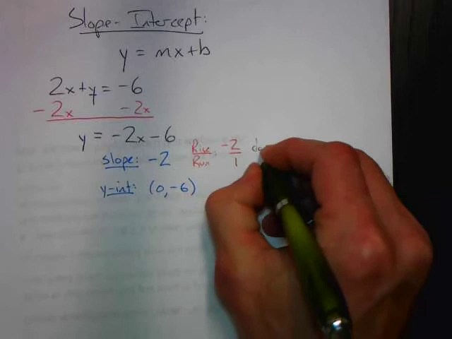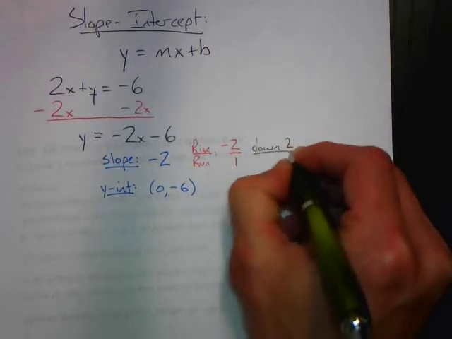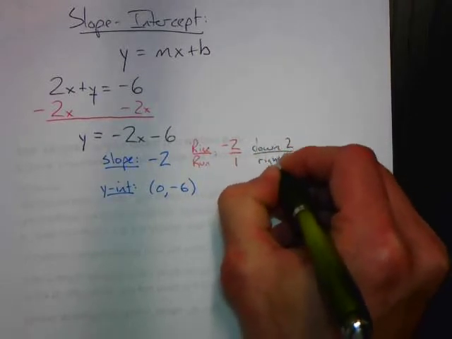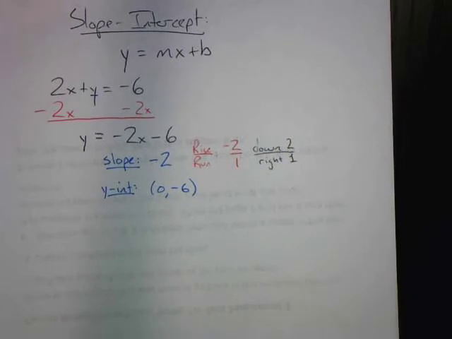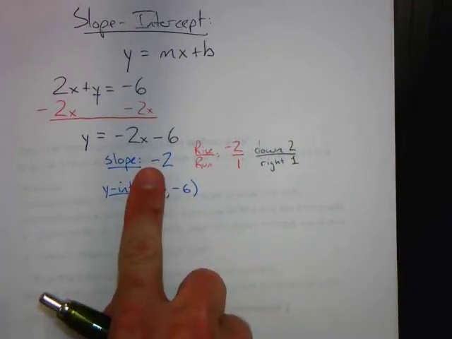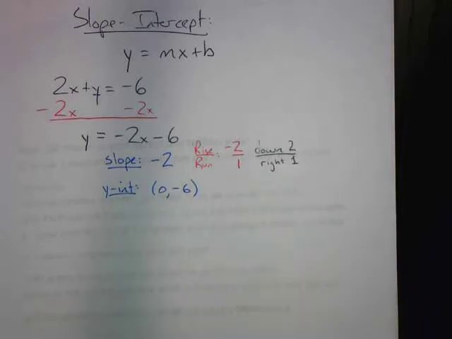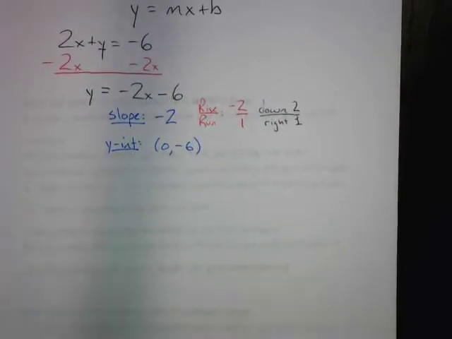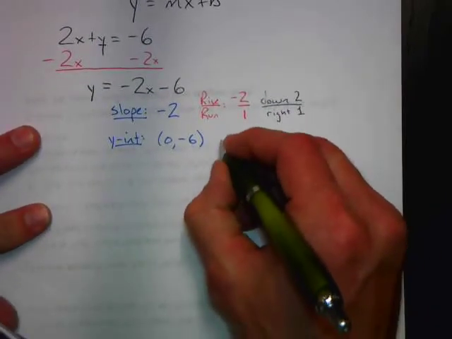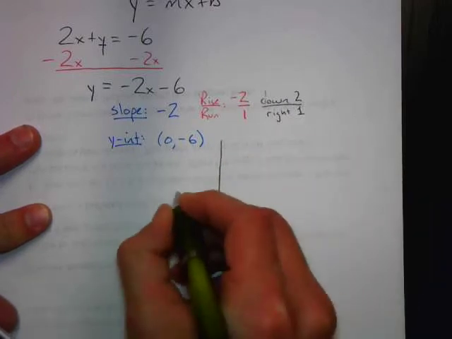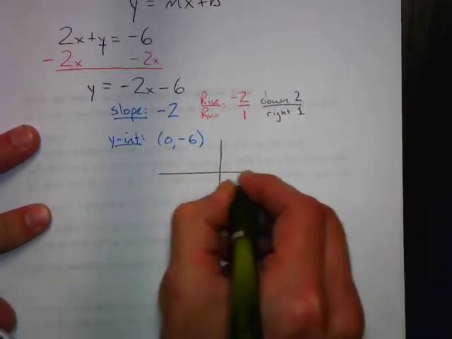It will be down 2 and then right 1. That's how we can describe a slope of negative 2. It means a line that is going down 2 and right 1 for each unit. So how can we translate this information into graphing? We have enough information to begin graphing a line.